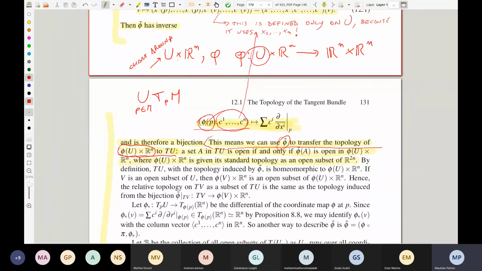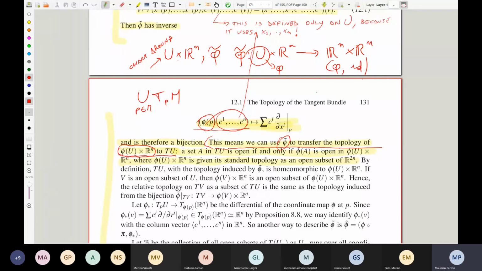Well, this is already Rn with the original phi. Let's say this is phi tilde. Okay, and this is going to Rn through phi. And so this map is just phi times, I guess, the identity. Yes, I think so. Okay.